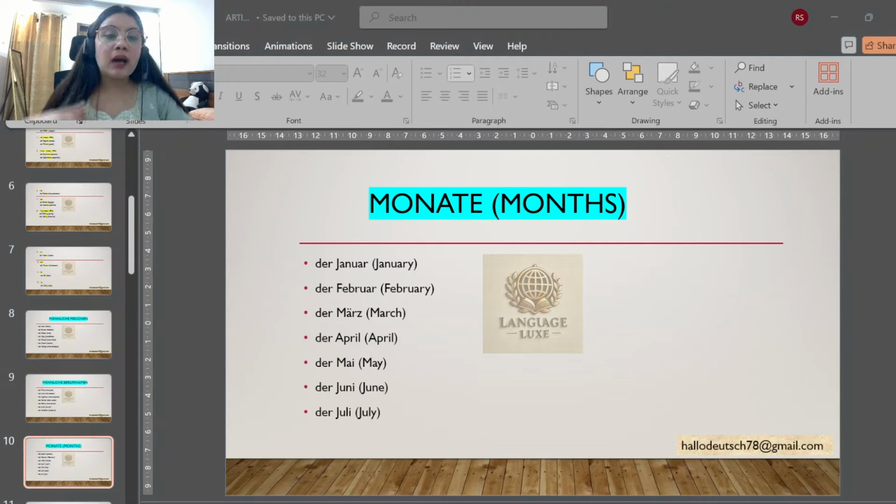Monate means months. Now, every month in the German language is masculine. For example, January is der Januar. Then comes der Februar, Februar is February.